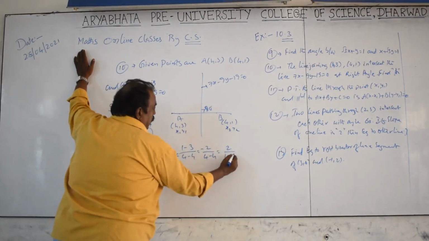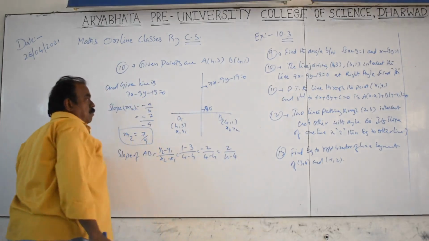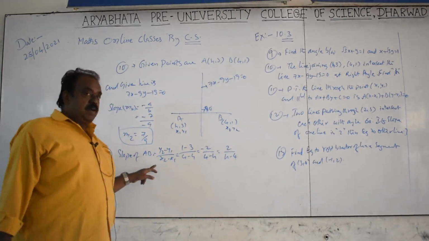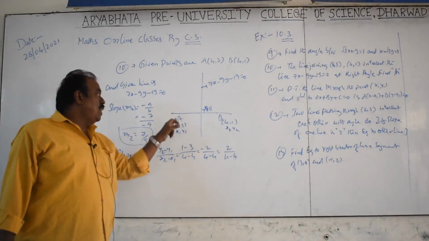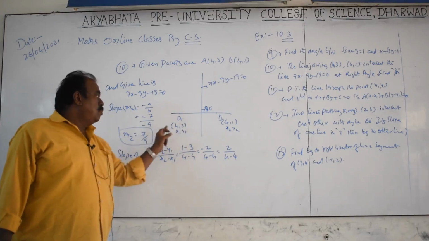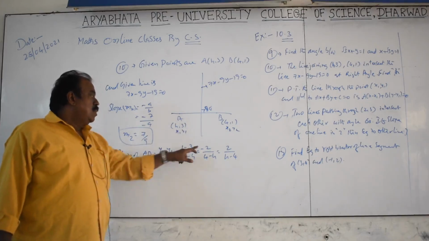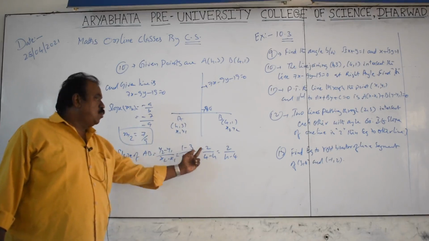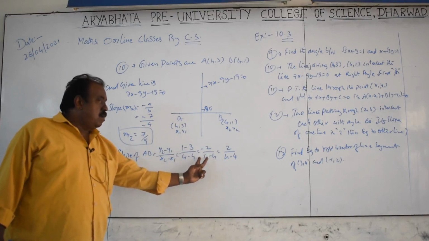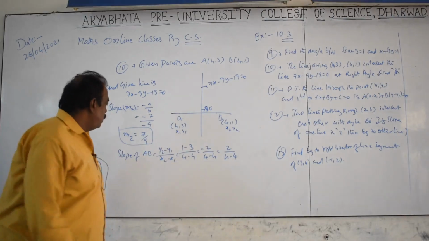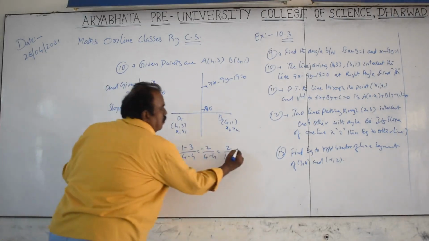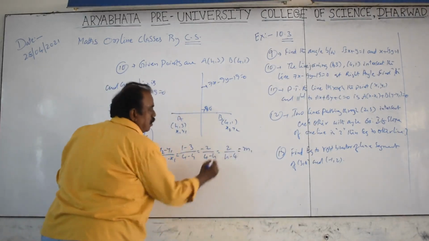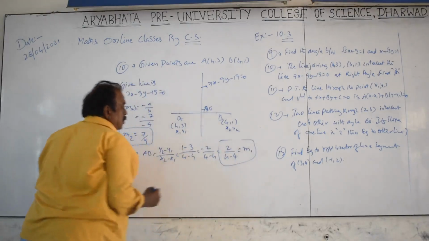Don't confuse: instead of writing minus 2, I am moving the sign to the denominator, so it is 2 by h minus 4. So this is m1.